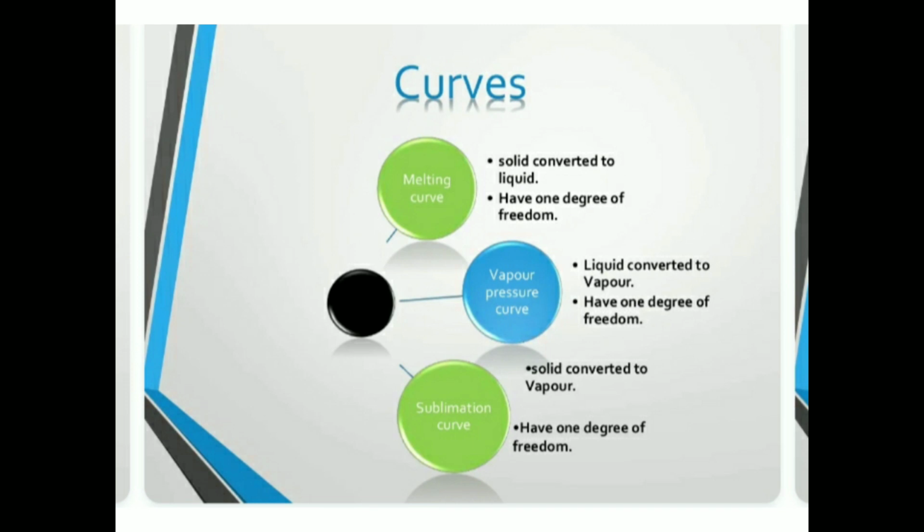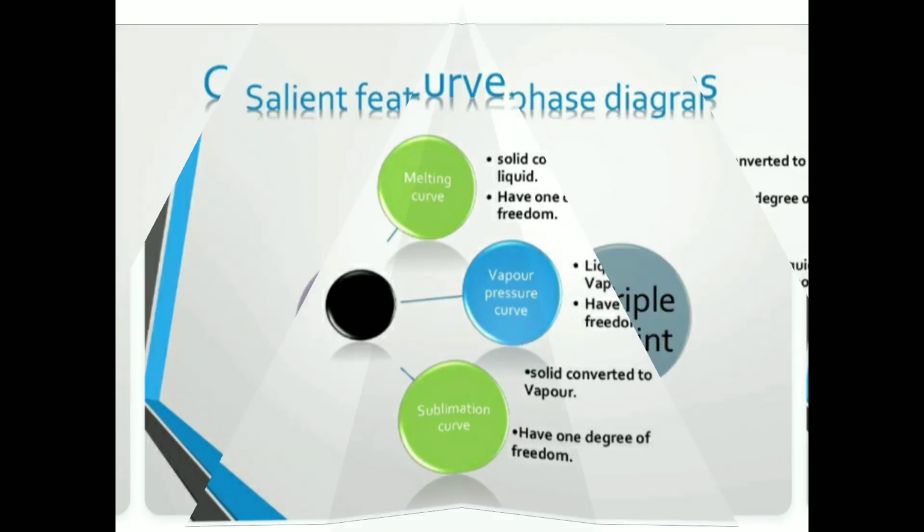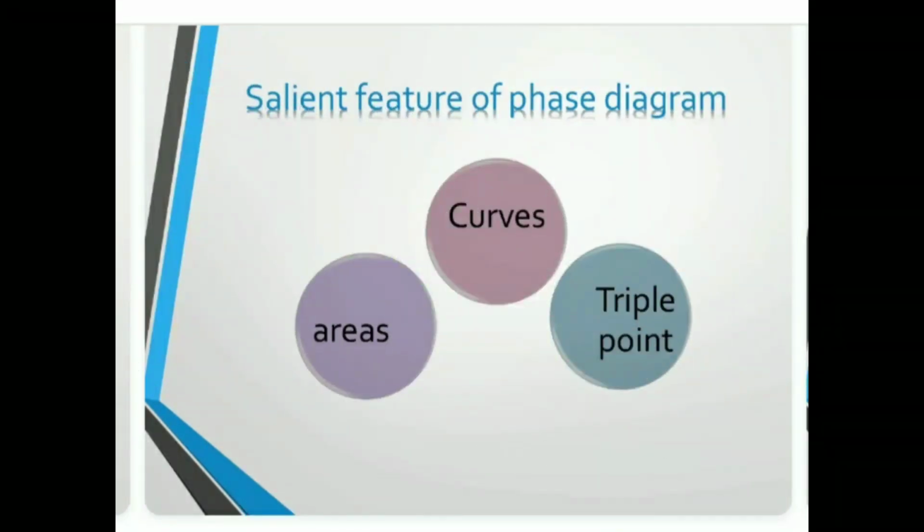Next, I said the phase diagram has areas, curves, and a triple point. We saw about the curves, that is curve A, curve B, curve C. Next we see about the triple point.